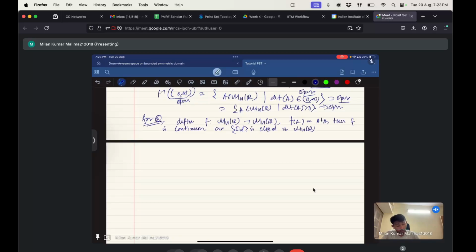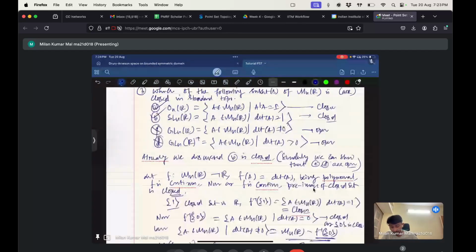So that will be a closed set. Then F inverse of this particular ID, which is equal to all those A belonging to MnR such that A transpose A is equal to ID, is closed. So this is also closed. So these two are closed, these two are open, these two are not closed.